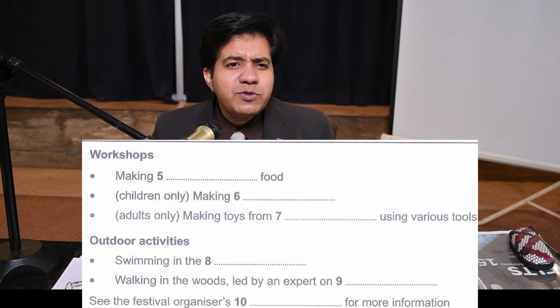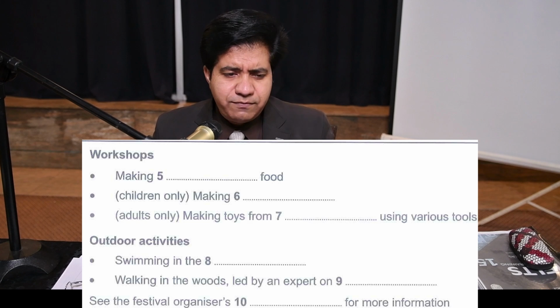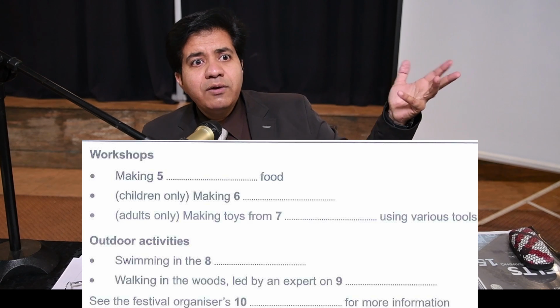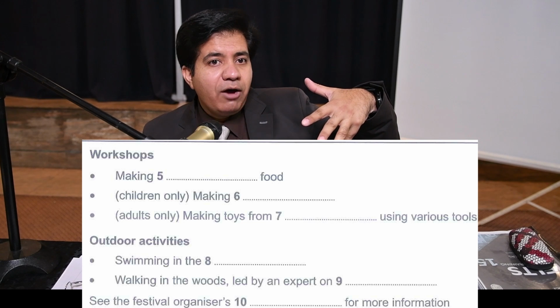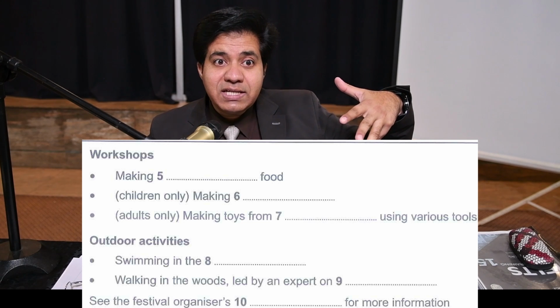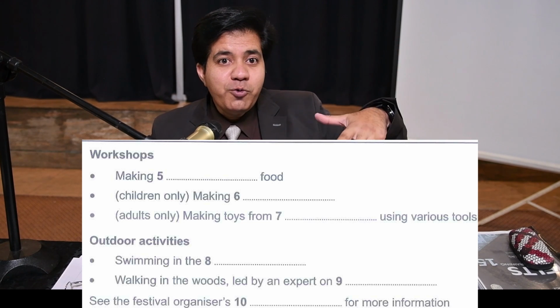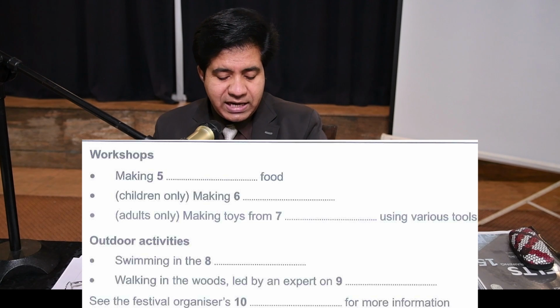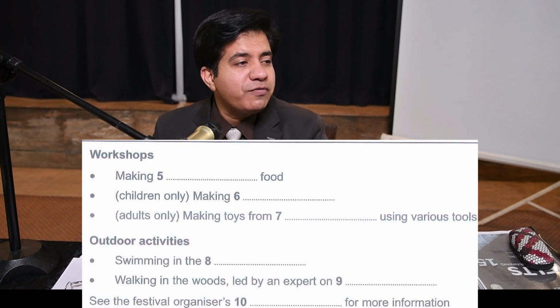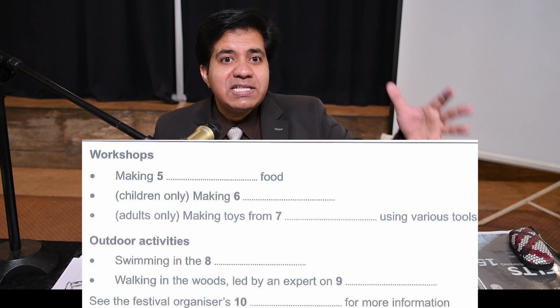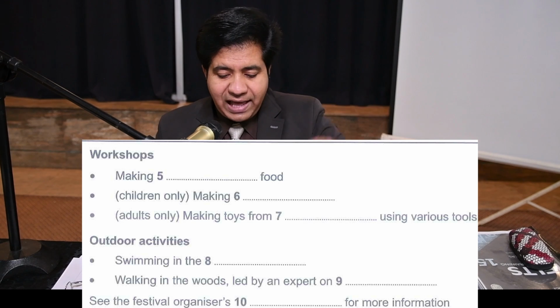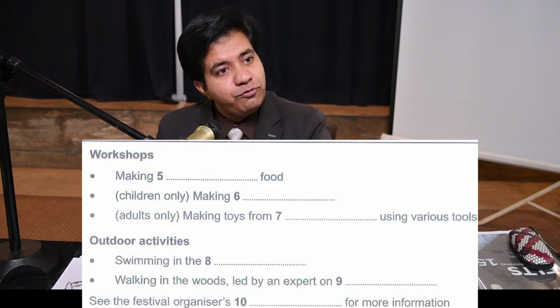If you remember, once we did a test, if maybe some of you were here, food that is healthy. Now, food that is healthy means healthy food, right? For example, they've written here making dash food. So if they say, we will also teach you how to make food that is healthy, food that is healthy means healthy food.